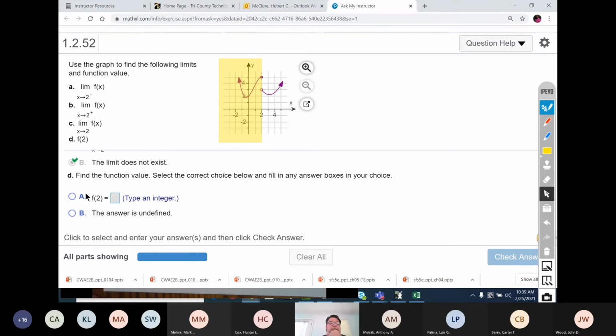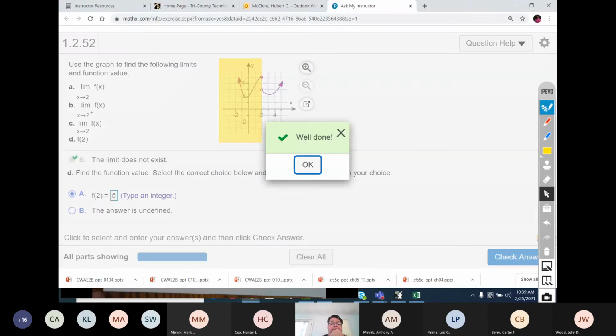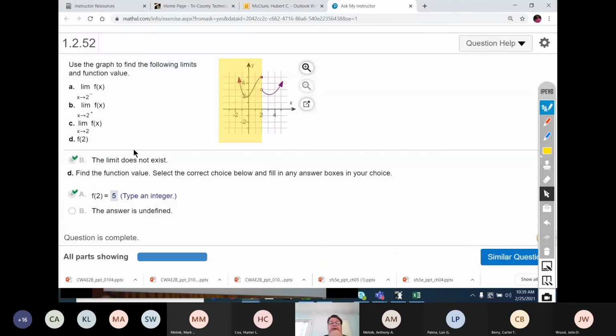So f of 2 should be 5. Now, if you had two open circles, that would be undefined. But since you do have a closed circle right here at 2, that closed circle cancels out that open circle. I like that question. That's a good question.